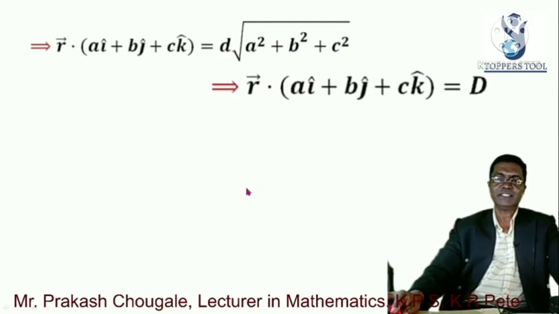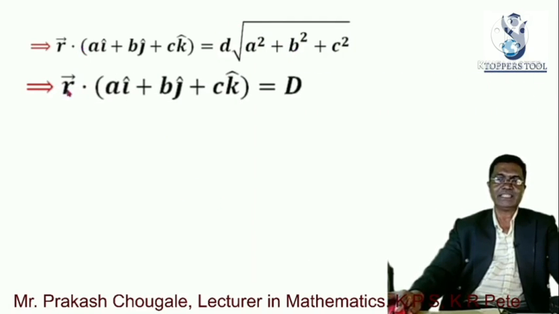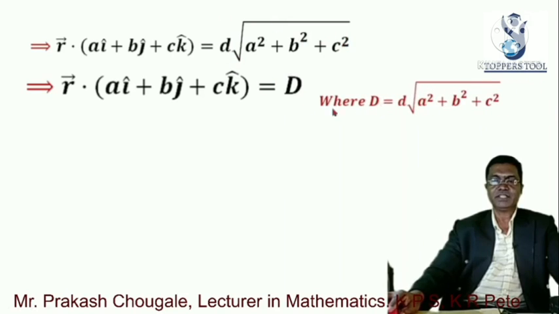So what is the general formula for this? You will get vector r dot (a i cap plus b j cap plus c k cap) equal to a new constant, that is d. So this is again one general equation of the plane, or you can say the equation of the plane in normal form, where a, b, c are direction ratios.